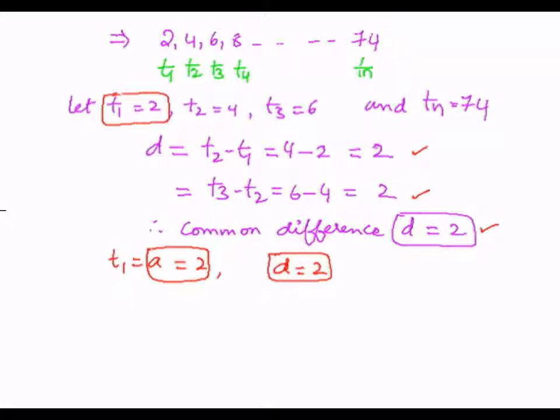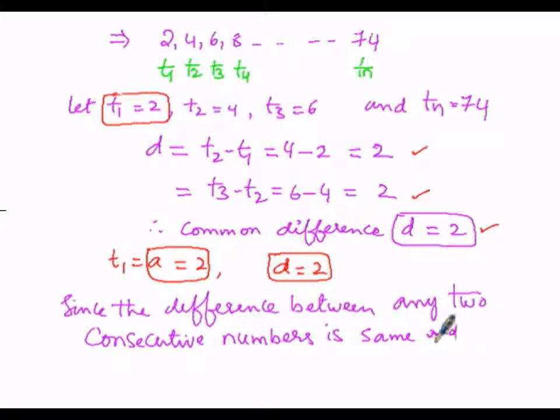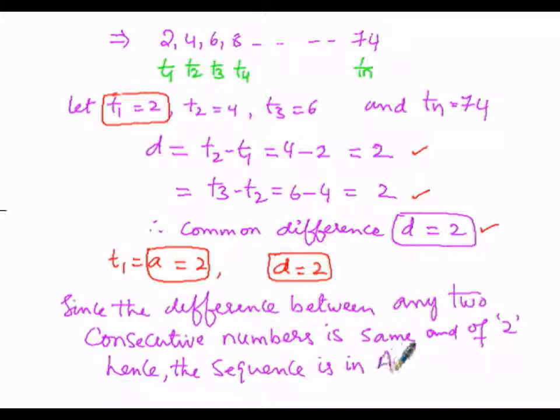Since the difference between any two consecutive numbers is the same, that is 2, hence the series or sequence is in arithmetic progression.